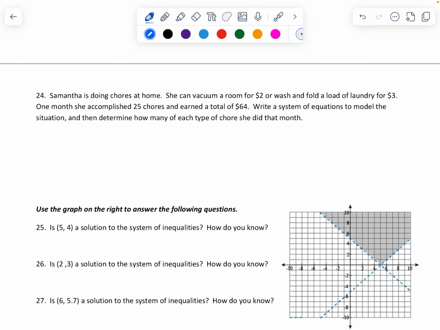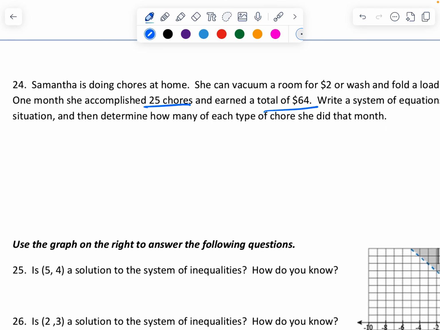Okay, Samantha is doing chores at home. She can vacuum a room for $2 or wash and fold laundry for $3. In 1 month, she accomplished a total of 25 chores and a total of $64. Write a system of equations to model the situation, then determine how many of each type of chore she did.